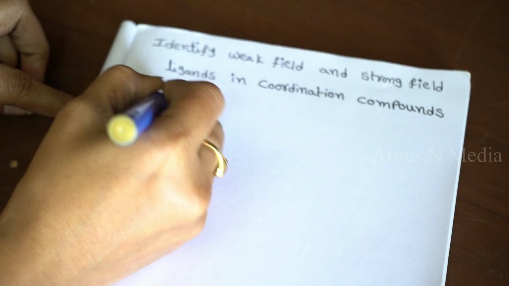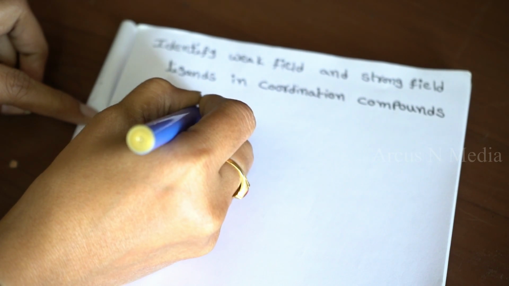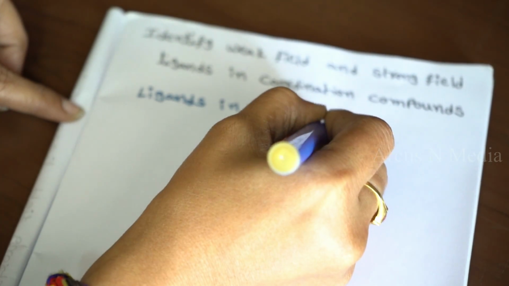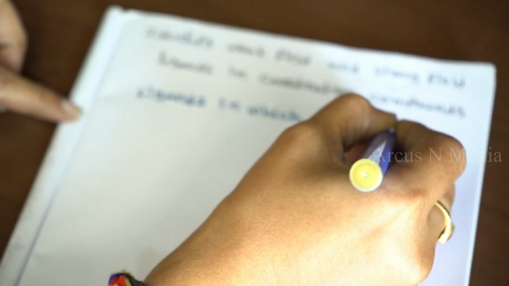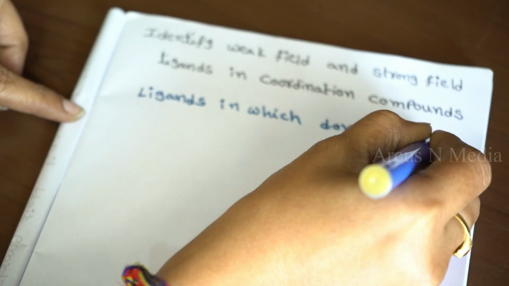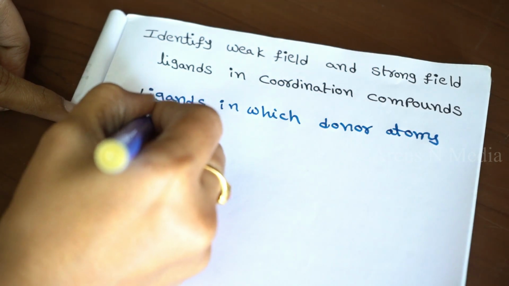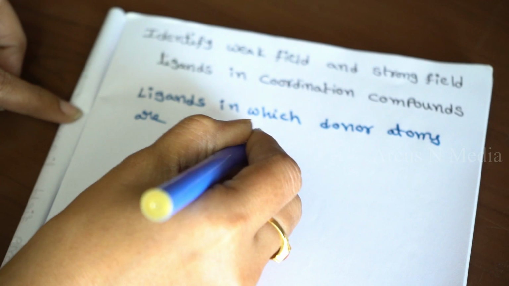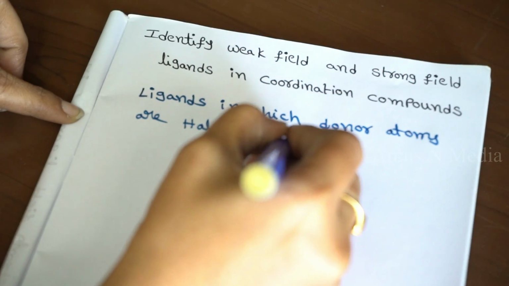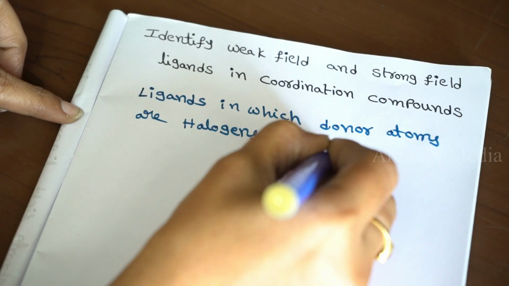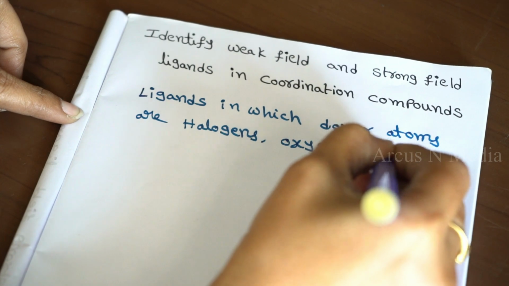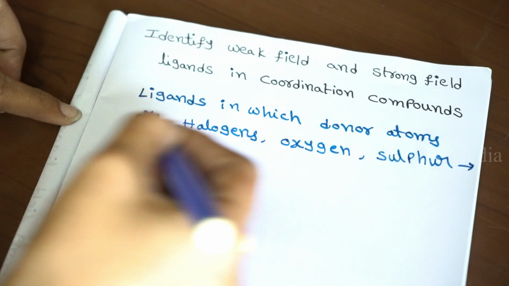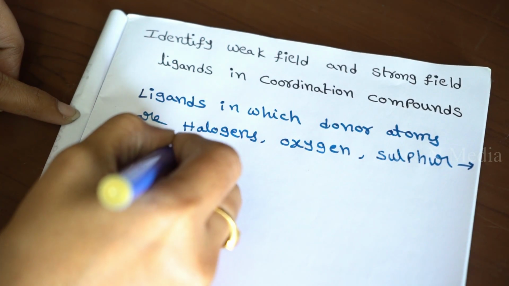Ligands in which the donor atoms are halogens, oxygen, or sulfur are called weak field ligands.